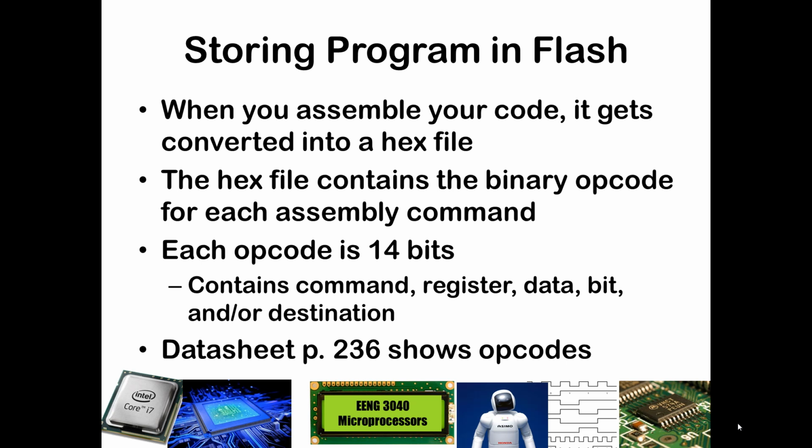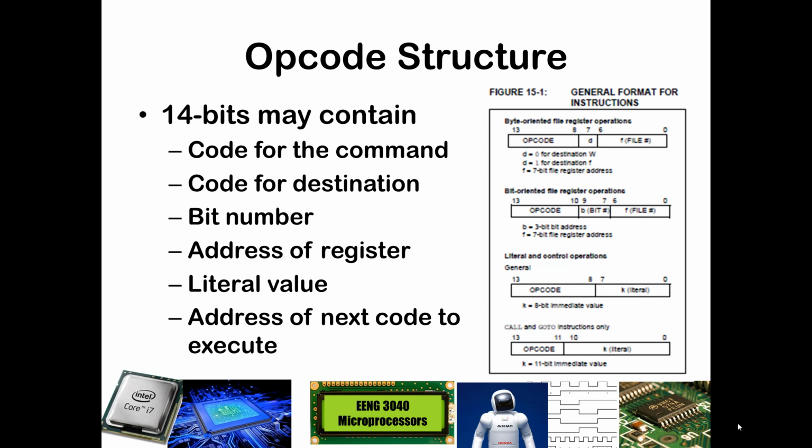If you look at page 236 in the data sheet, that shows all of the different opcodes, and you can see how your different assembly commands get translated into these different binary values. So let's take a look at the code organization. The 14 bits contain usually, in some cases this would be bits 8 through 13 if you have a byte-oriented command.